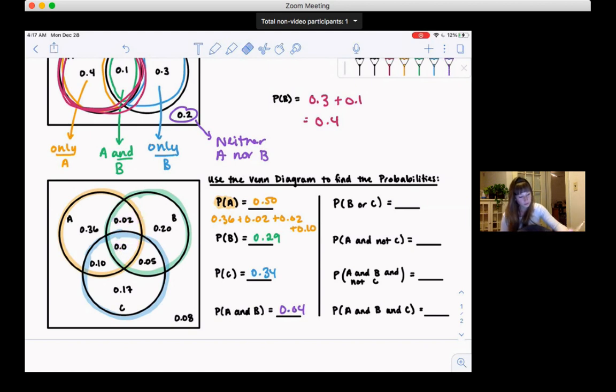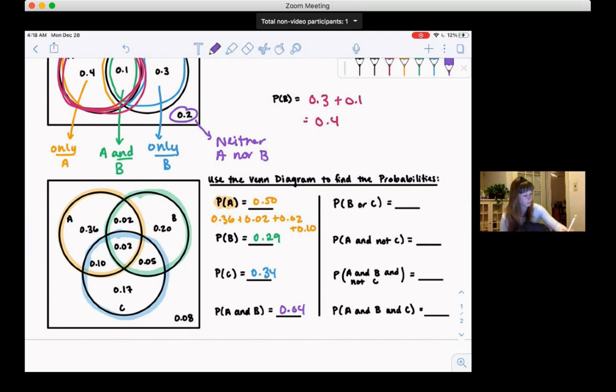Okay, B or C, so that could be anything in the green circle or anything in the blue circle. We want to add up all of those sections, right? So that's going to be 0.02 plus 0.02 plus 0.10 plus 0.17 plus 0.05 plus 0.2.